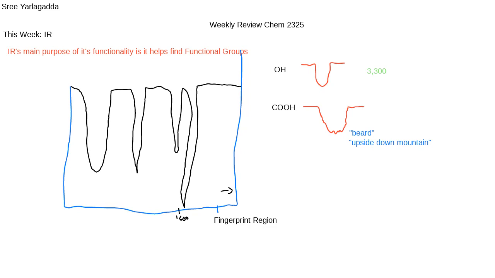And then carboxylic acid can range, because it's very wide and occupies a large area, anywhere from 3,000 to 3,400. But for these two, I think the number matters less compared to the shape, because you'll recognize the shape a lot quicker than you'll recognize the numbers and ranges. Okay.